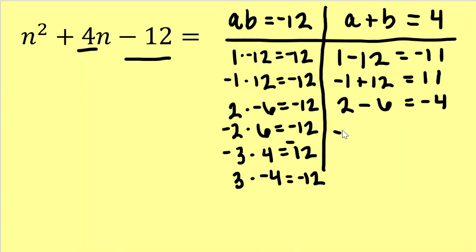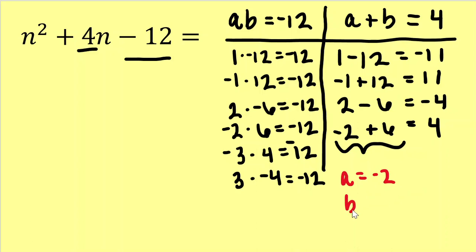And if we take negative 2 and add 6 to it, then we get positive 4. And this is what we're looking for right here. So our values for a and b are going to be a equals negative 2 and b equals positive 6.